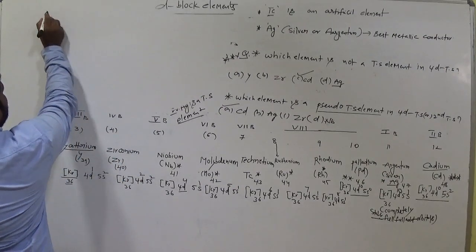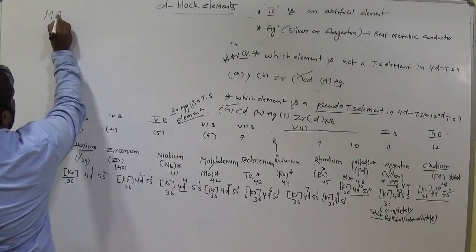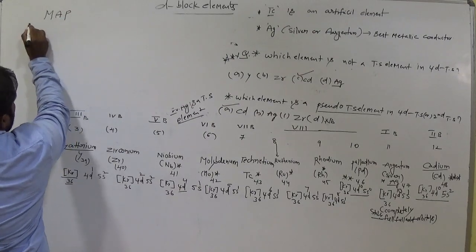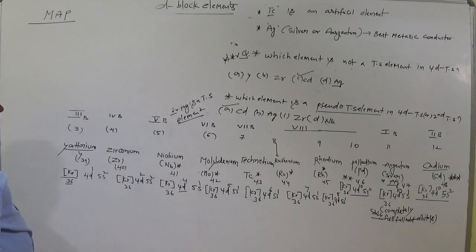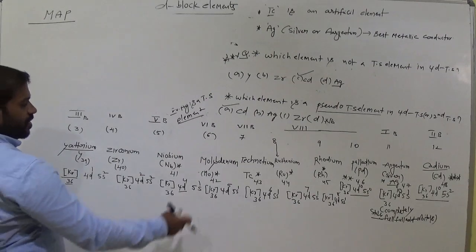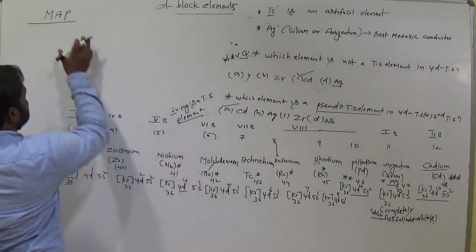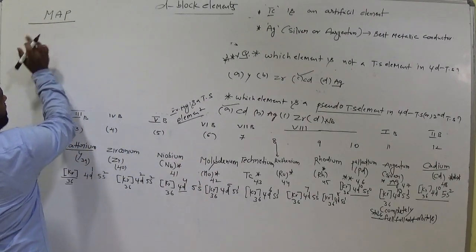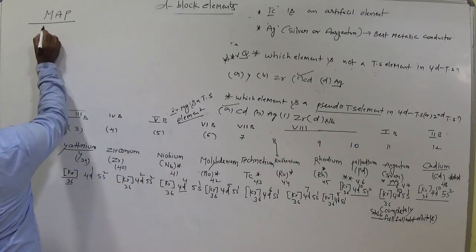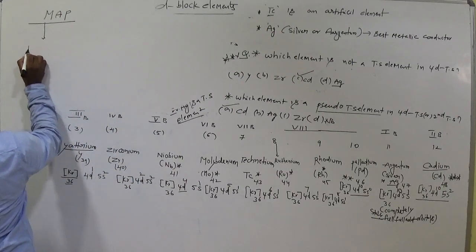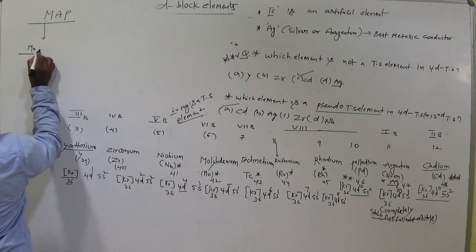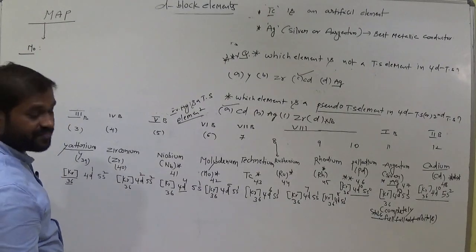Let us discuss a short trick here, MAP. M means molybdenum. Let us discuss these 3 elements. M means molybdenum, Mo. What is its electronic configuration?